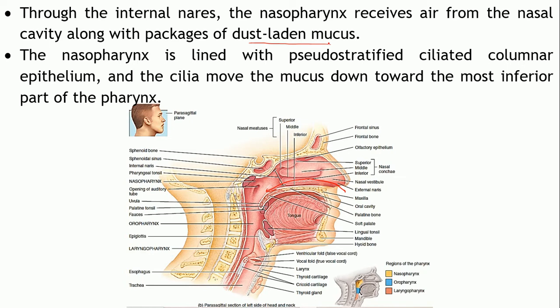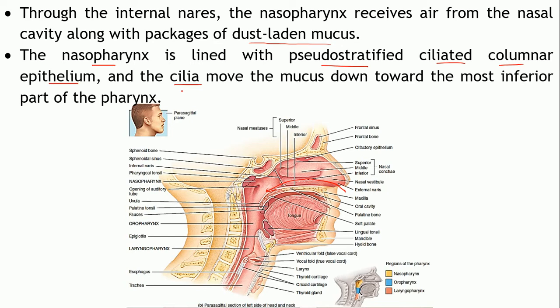Now, the mucous membrane of the nasopharynx is lined with pseudostratified ciliated columnar epithelium. So cilia are also present. Cilia can beat in a specific direction.